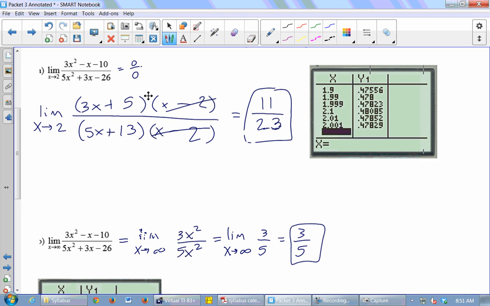Okay, so if I want the limit as x goes to 2 of 3x squared minus x minus 10 over 5x squared plus 3x minus 26, you get 0 over 0, right? So the question is, does the numerator or the denominator go to 0 faster? If the denominator goes to 0 faster than the numerator, then the denominator is going to shrink, making the fraction blow up.